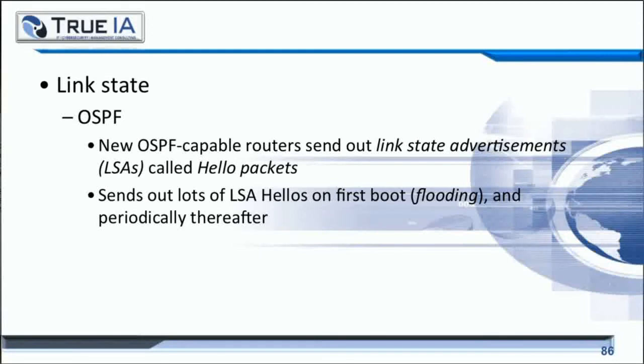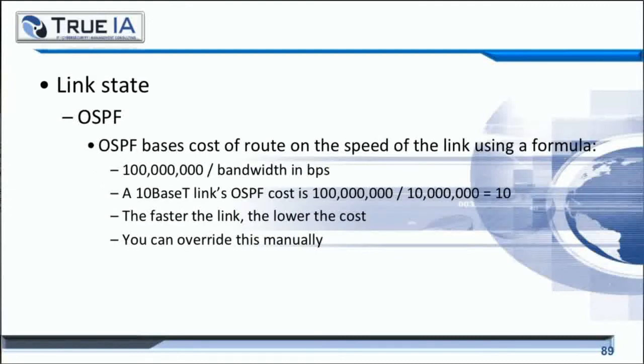Newer OSPF capable routers send out link state advertisements. These are also called hello packets. It sends out lots of LSA hellos on first boot, basically flooding the line, and then only periodically thereafter. This is so that it can advertise itself, if you will, to the rest of the routers to let them know that there is another link available to route traffic.